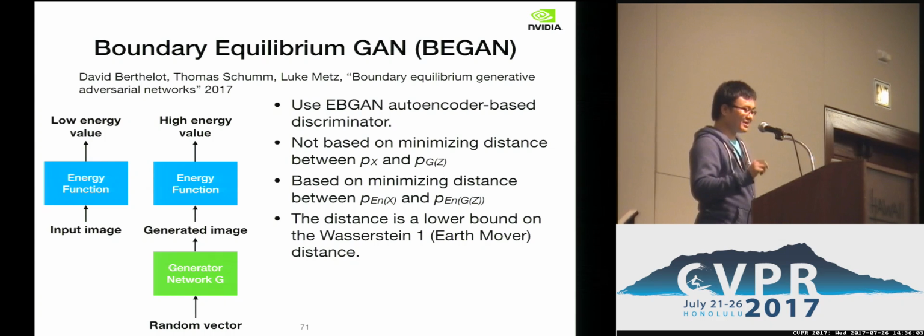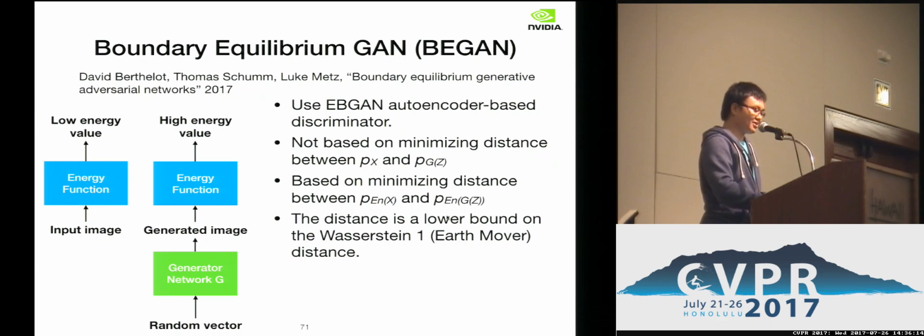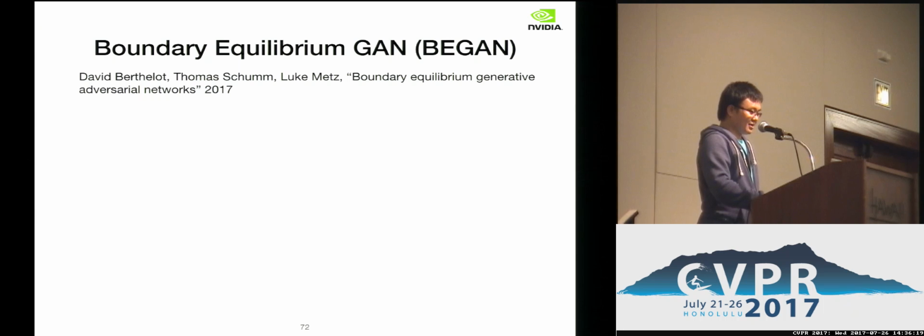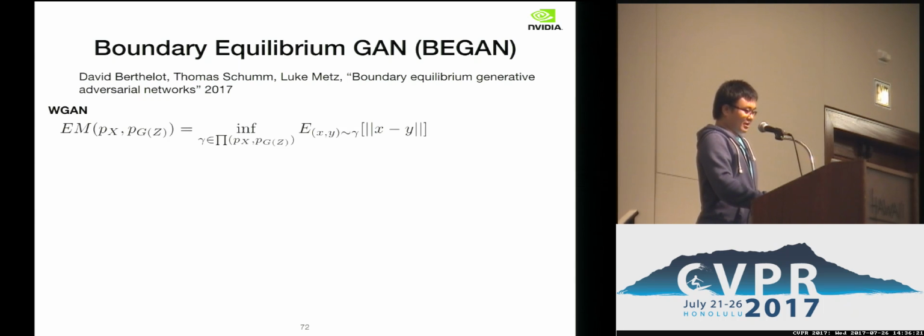I should first say that the way they measure the distance between the two distributions is based on the Wasserstein one, which is the Earth mover distance, similar to WGAN, but different from WGAN because they are minimizing the distance between energy value distributions, not image distributions.